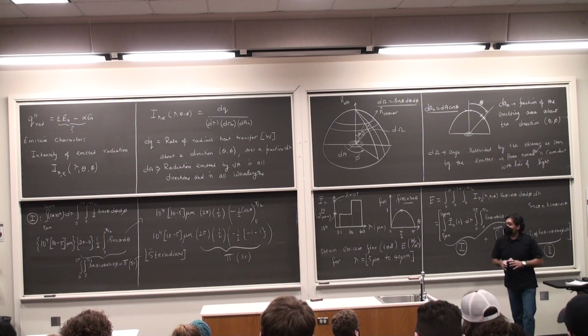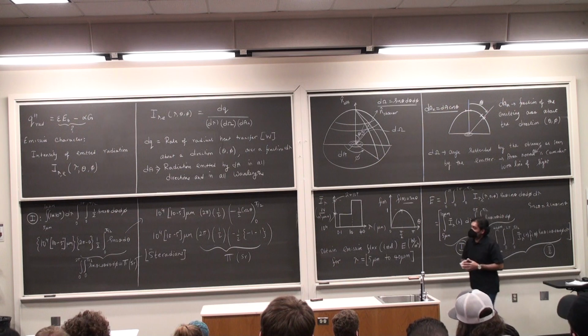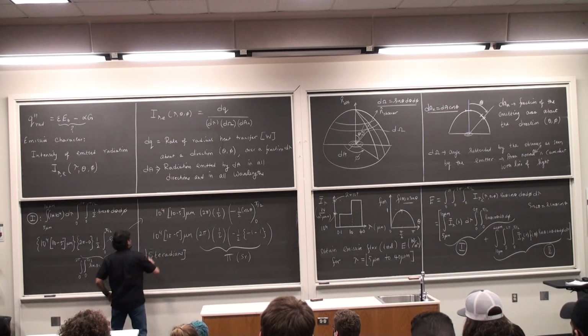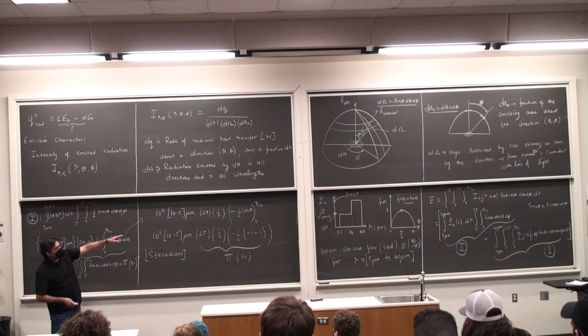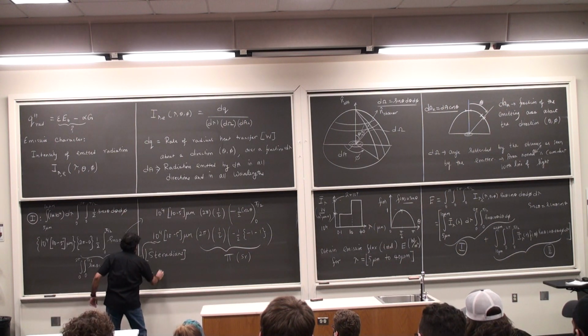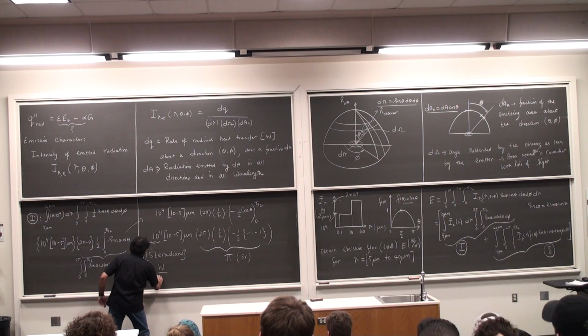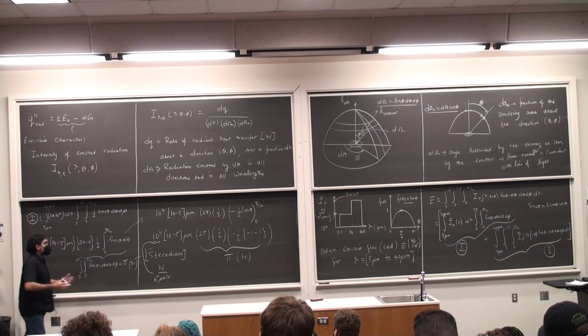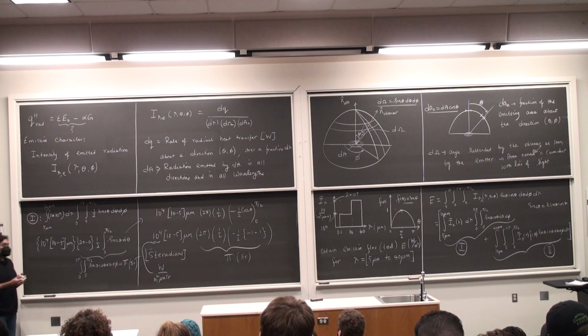So if I look at the net units that I end up getting here, it has to work out to give me emissive flux. So 10 to the power 4 has units of watts per meter square micrometers steradian. So this guy, meter square, micrometers, steradians. 10 minus 5 is 5 micrometers.